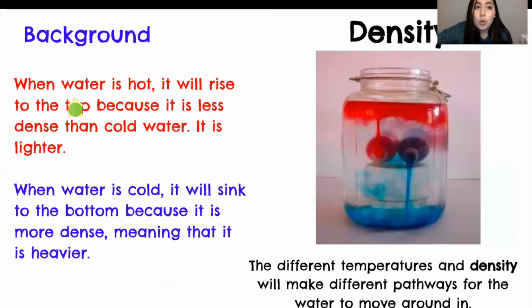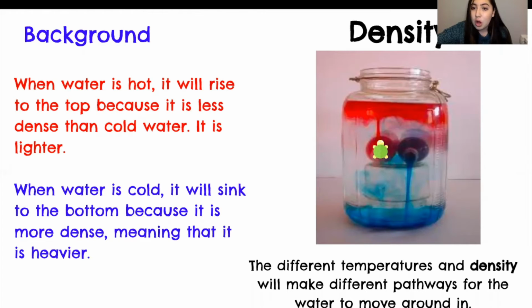So when water is hot, it will rise to the top of the water because it is less dense than cold water. That means it's lighter. Hot water is lighter. When water is cold, it will sink down to the bottom of the ocean because it is more dense, meaning that it's heavier. And we can see our picture here.